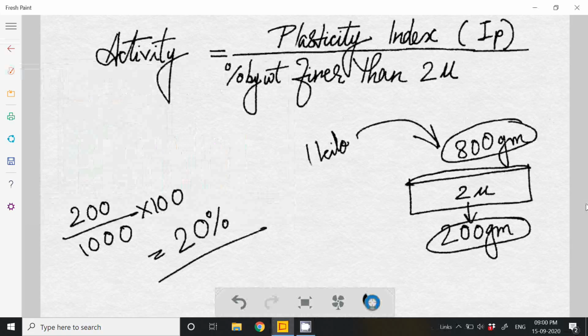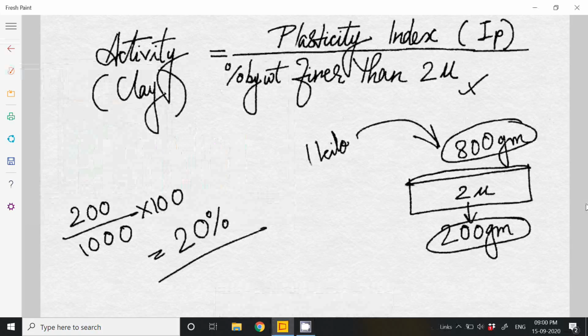Whenever you have a soil, activity is generally for clay soils, and percentage by weight finer than 2 micron. When you get the clay soil and sieve it, you will get this value, and plasticity index you will get from the liquid limit and plastic limit tests.